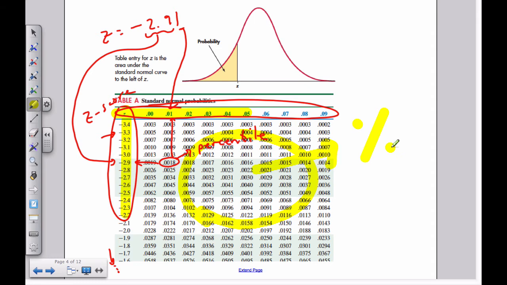Key to remember that. This z-table, and they try to give you a hint using this picture right here, shades the probability that you're finding. You're always finding from this number on down. That's what each one of these numbers in the table does.